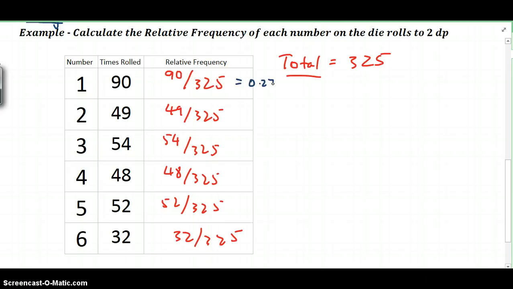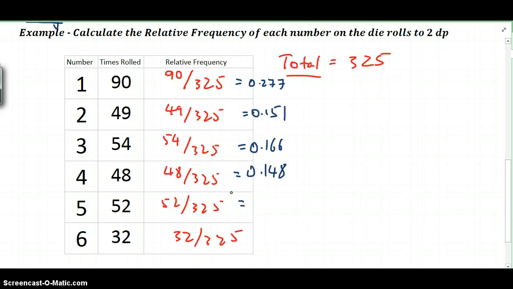So this is equal to 0.277. 49 divided by 325 is equal to 0.151. 54 divided by 325 is equal to 0.166. 48 divided by 325, we get 0.148.